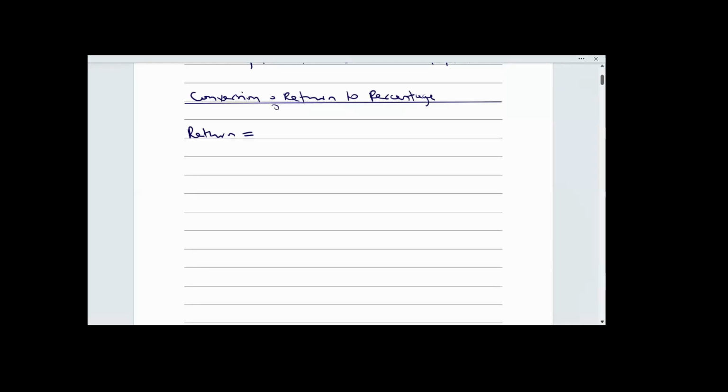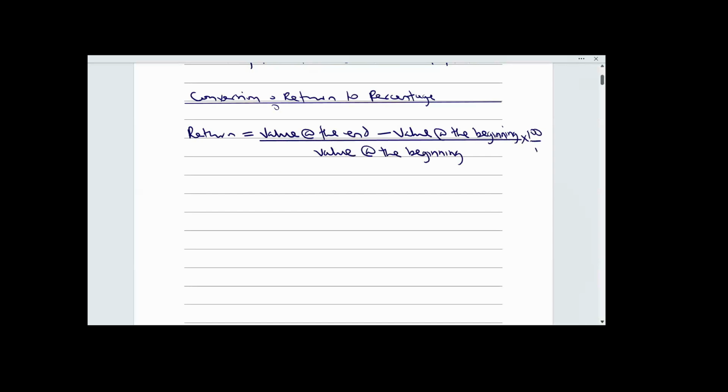To do this, you say value at the end of the period minus value at the beginning, over value at the beginning. Okay, so multiply by 100%.